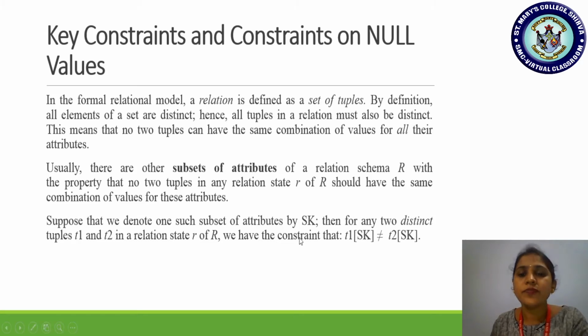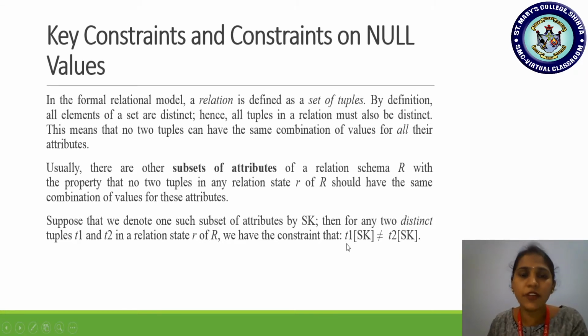Yes. Then for any two distinct tuples T1 and T2 in a relation state R of R, we have the constraint that T1[SK] is not equal to T2[SK]. Let us assume T1 is your information, as a student, in the first row.